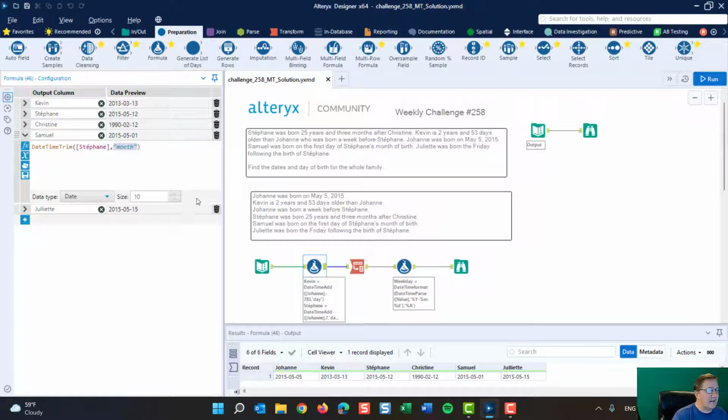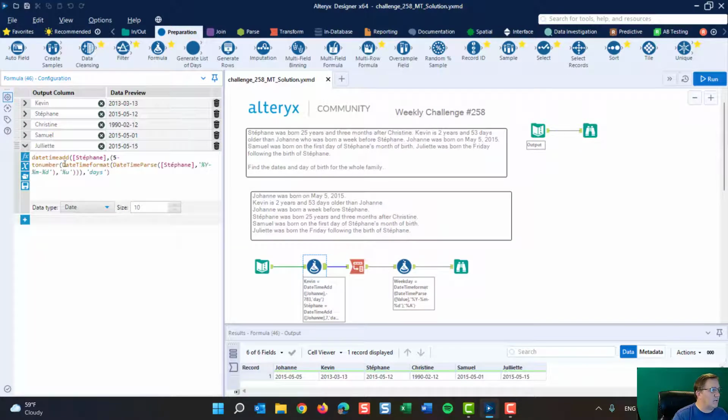Even though it's going to include a day in it, it is identifying what month it is. Remember, Stefan was born 5/12/15. What month was that? That was 5/15. And by default, it's going to have the day, so it's the first day of that month.